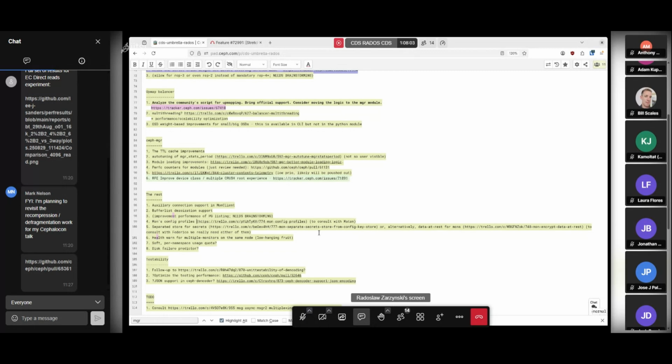Not the highest priority; I put this on the list on a best-effort basis. Health warn for multiple monitors on the same node. Low-hanging fruit.